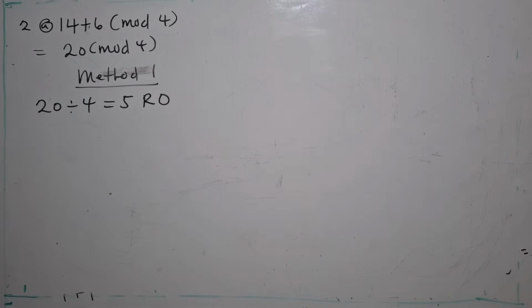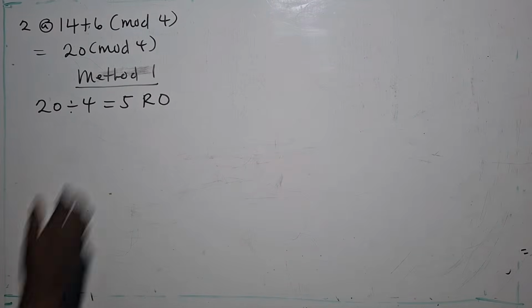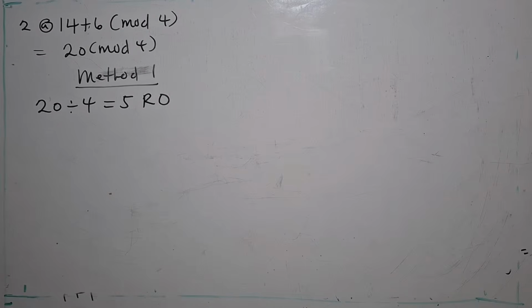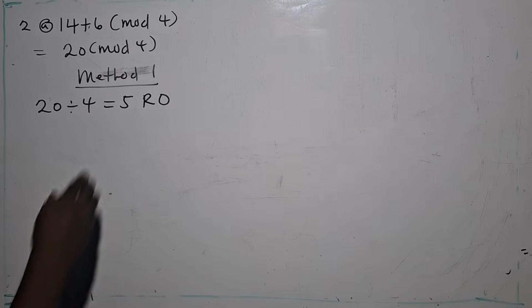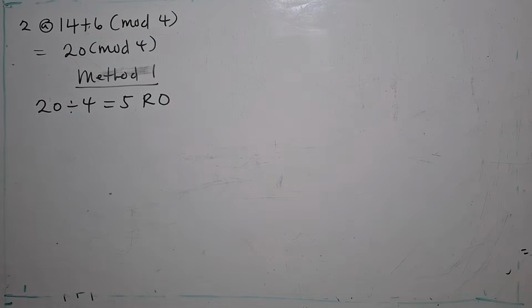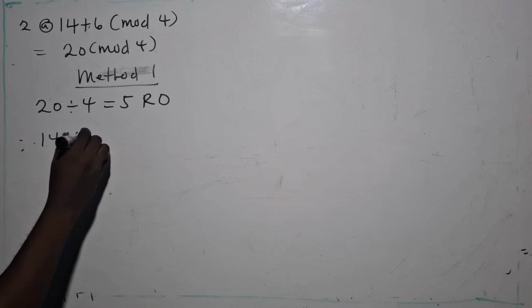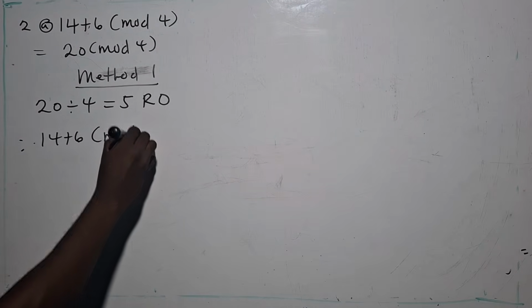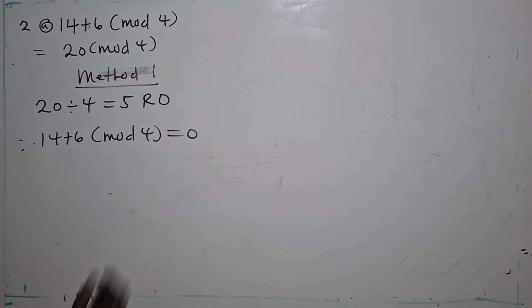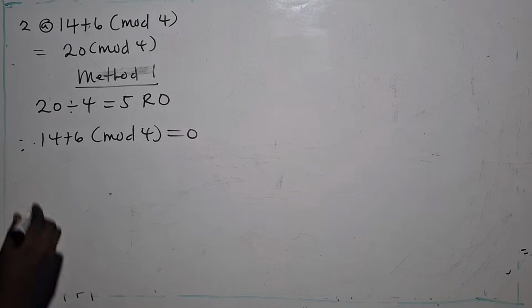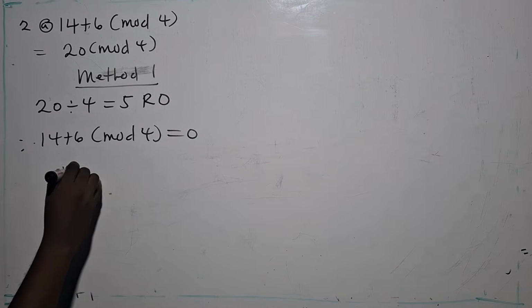The answer is the remainder, 0. So we conclude by saying, therefore, 14 plus 6 mod 4 is equal to 0. So this is how we do it. Now let me use method 2.